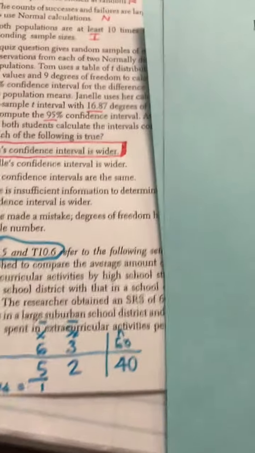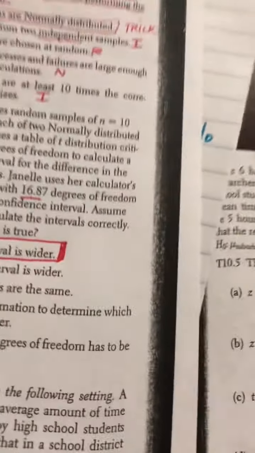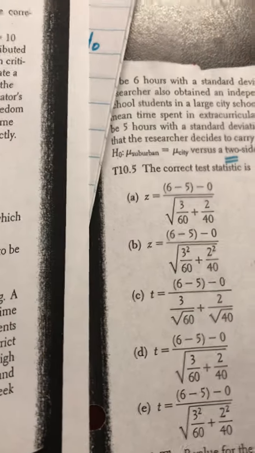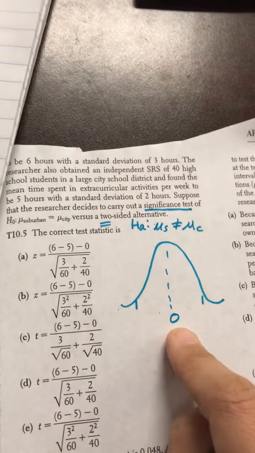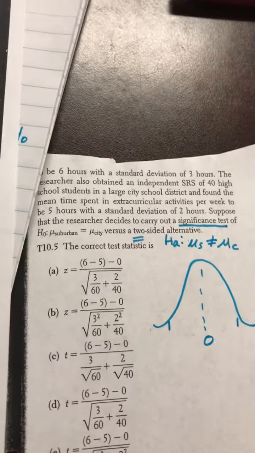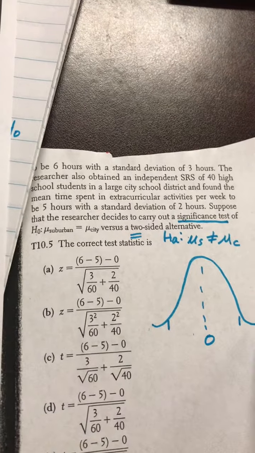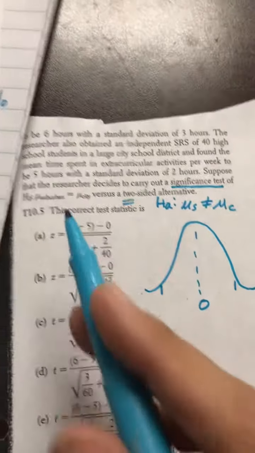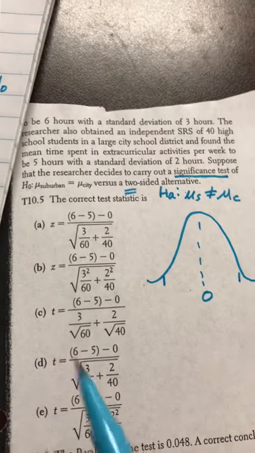We found a difference in our sample of 1, but is that statistically significant enough of a difference? If we assume that's 0, they got a difference of 1, and what would be the probability of that outcome if in fact there was no difference? That's why we need this t value.